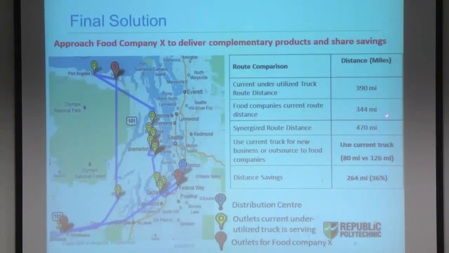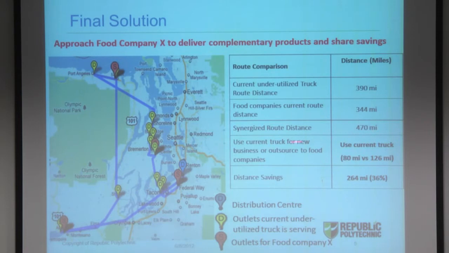Okay, and based on the route, you can retrieve the route distance using Google Maps API. You have a synergized route distance here. The synergized route distance uses an algorithm called the space filling curve algorithm that routes all the locations to give a smallest distance travel.